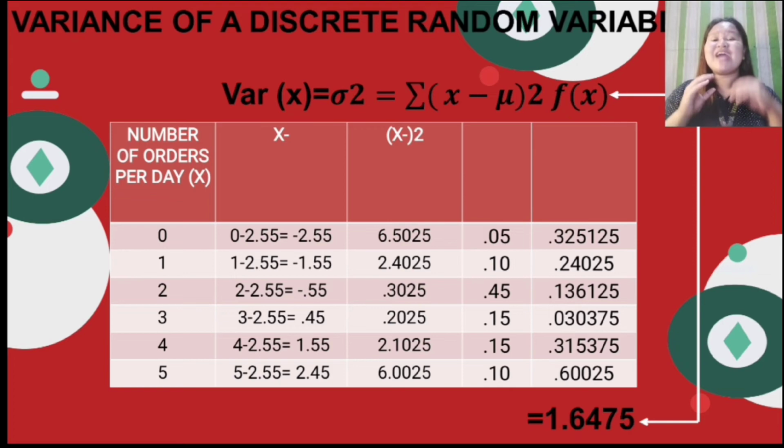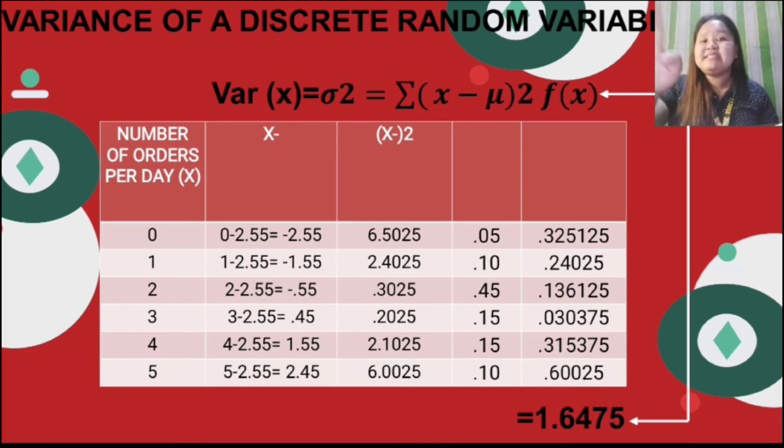Variance of a discrete random variable. In order for us to calculate the variance of a discrete random variable, we need to use the formula of variance. Variance of x is written as sigma squared of x, equal to the summation sign, the sum of x minus mu, in parentheses squared, times the probability function of x.